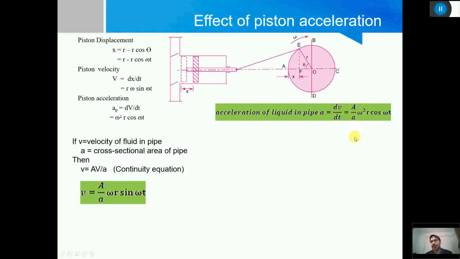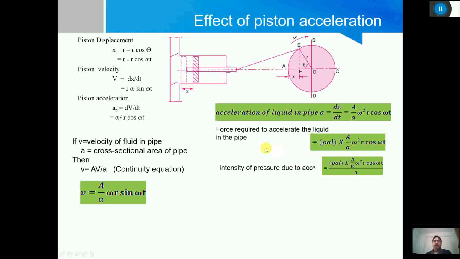And the force required to accelerate the liquid in the pipe is nothing but mass into acceleration, and mass is nothing but density times volume. The volume of pipe, if a is the cross sectional area of pipe and L is the length of pipe, then we can write here rho L a into A by a omega square r cos omega t. And intensity of pressure we can calculate by simply dividing it, because pressure is nothing but force per unit area. So force per unit area we can calculate as pressure intensity due to acceleration.